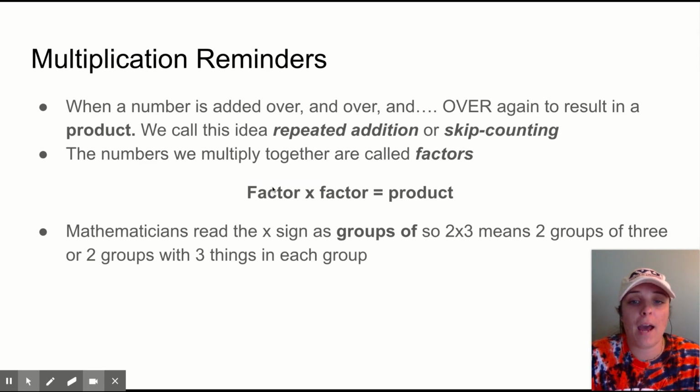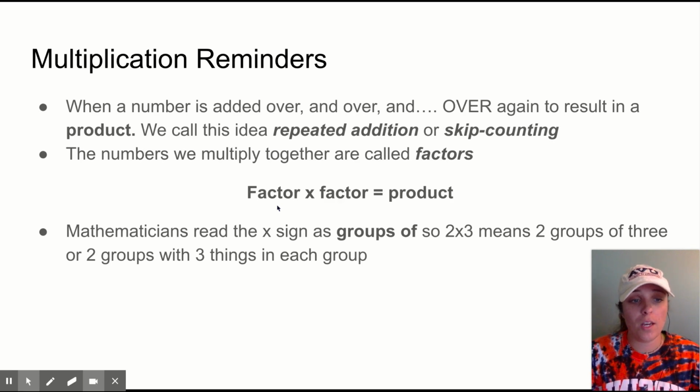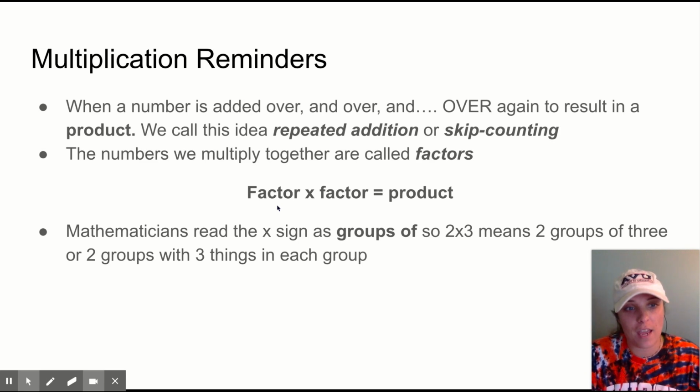We know that mathematicians read the multiplication sign, or the thing that looks like an X, as "groups of." I really want us to be in that habit of reading the multiplication sign as "groups of." So instead of saying 2 times 3, we know that 2 times 3 actually means two groups of 3, or to be even more specific, two groups with 3 things in each group.